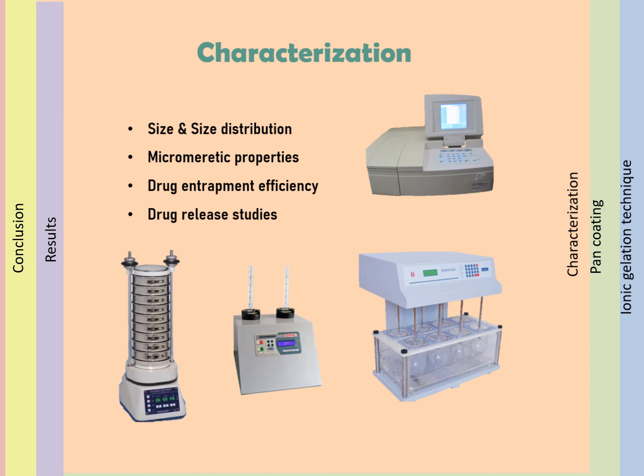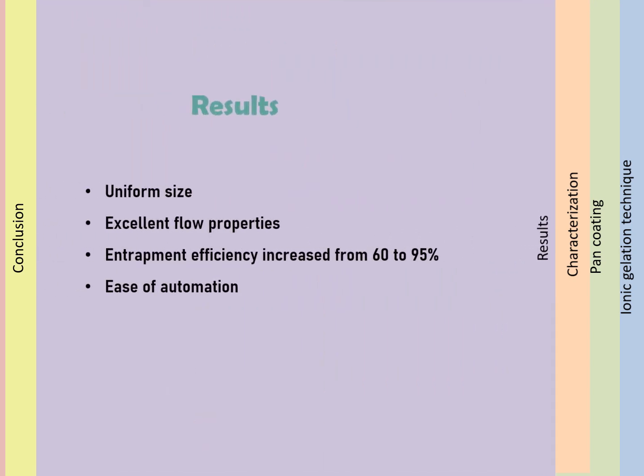After completion of these experimental procedures, the results noticed from these two techniques are presented here. The size was found to be uniform in both the methods, and the flow properties were also excellent. However, entrapment efficiency increased from 60% in ionic gelation to 95% in the proposed method.